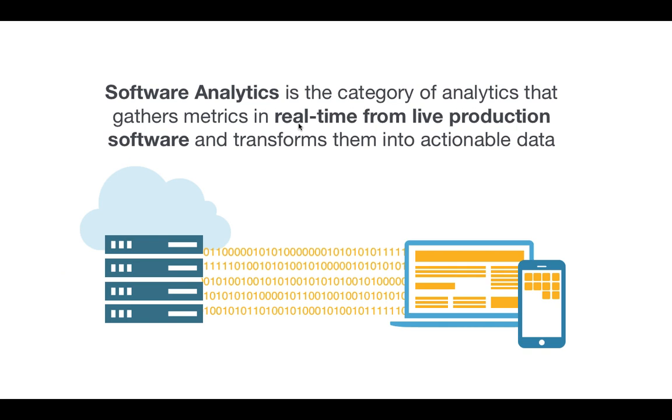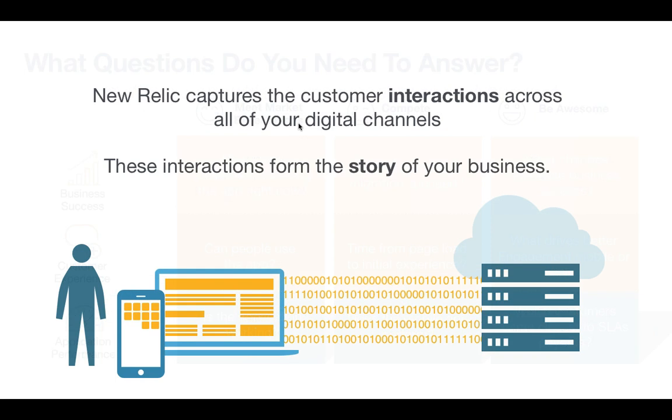So we offer a number of products that gather real-time metrics from live production software. And we then analyze those results so that you can make appropriate business decisions quickly and also very easily. Probably more important than that is that New Relic captures these data conversations that your customers are having with your business software.